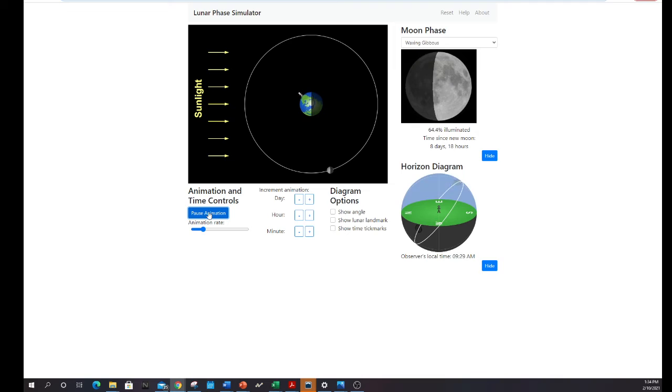As the cycle continues, the moon continues to increase the illuminated part that we can see, until the moon is directly opposite Earth with respect to the sun. So we have the sunlight coming from the left there, and then the moon is on the other side of Earth, which means that we are going to see what we call a full moon.